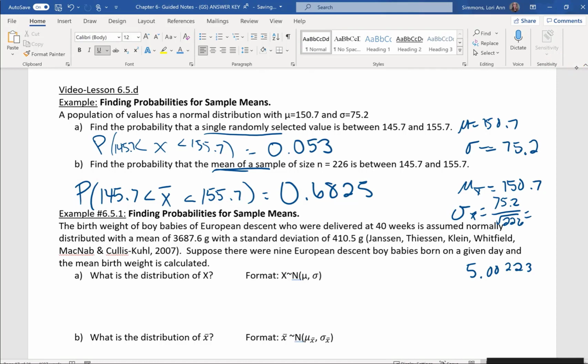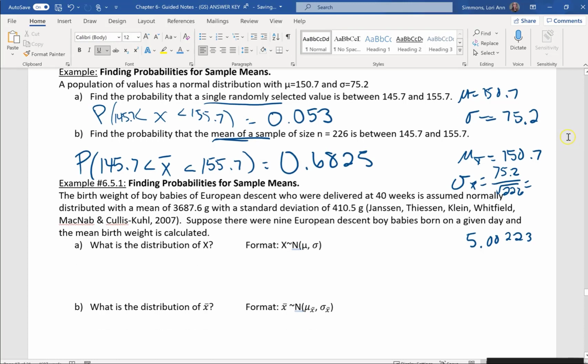The birth weight of boy babies of European descent who were delivered at 40 weeks is assumed normally distributed with a mean of 3,687.6 grams with a standard deviation of 410.5 grams. Suppose that there were 9 European descent boy babies born on a given day and the mean birth weight is calculated.